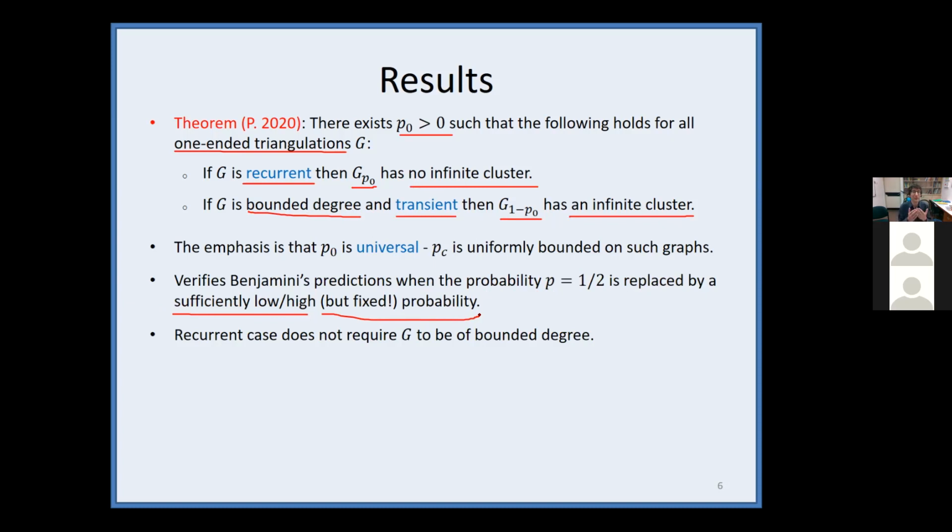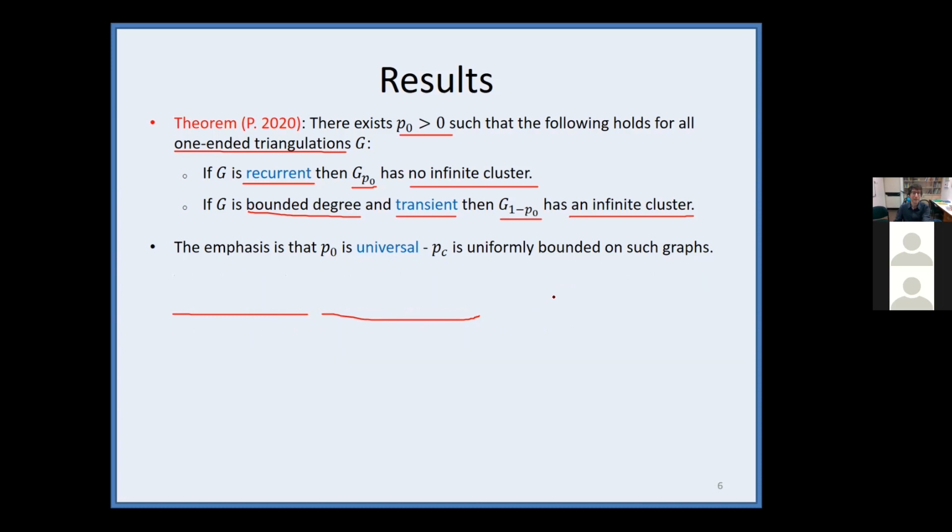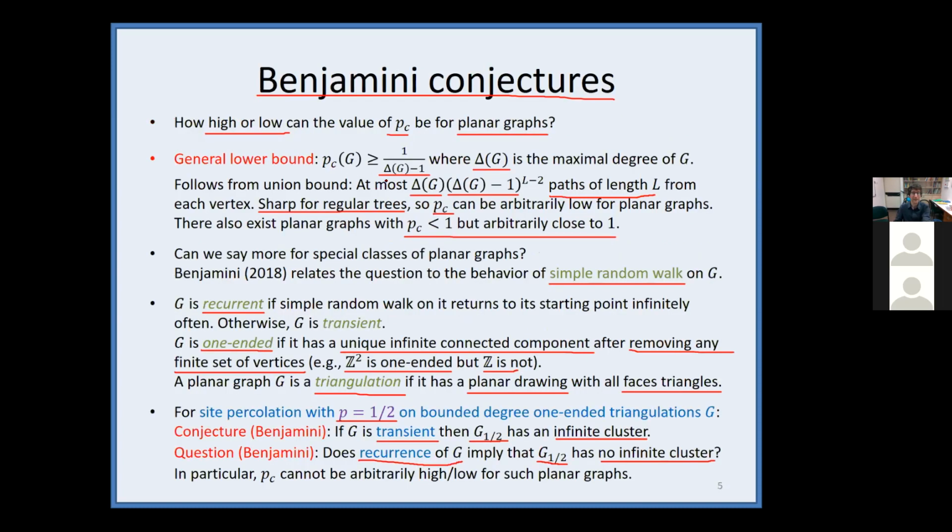So we show that there is a universal lower bound for pc on recurrent one-ended triangulations. And again, the emphasis is that this is universal. In particular, you may try to prove such a lower bound by saying that the maximal degree is not too high and using what we discussed in the previous slide, that you have a lower bound on pc in terms of the maximal degree.